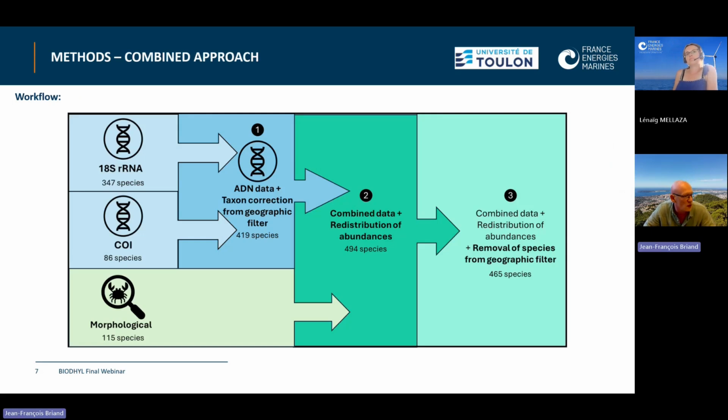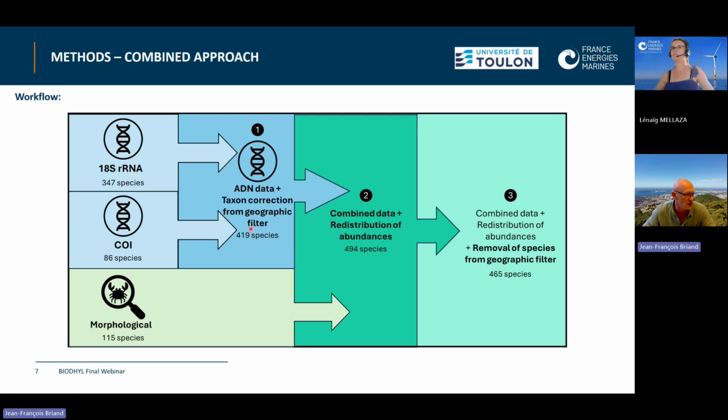So the workflow was this one. Here you have the DNA data with the two types of gene, and you can see, for example, that we don't have the same number of species with these two genes, and you will see after that, in addition, they will not be the same species. We combine these two sets of data, and you have a harmonization.